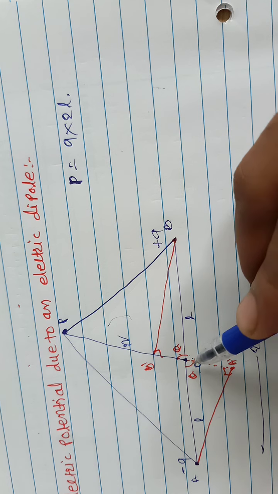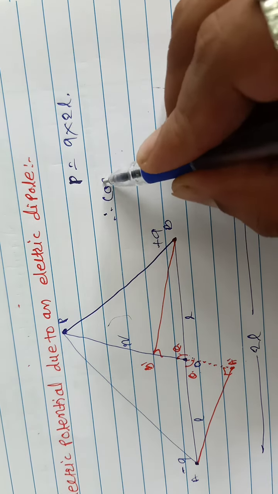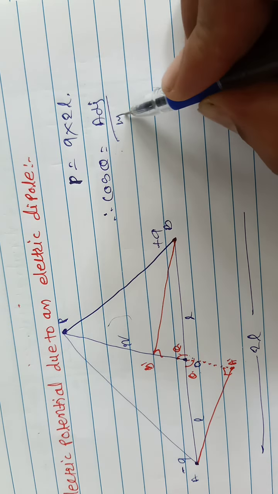Look at this term: A dash O is our adjacent side, so we get that value from cos theta. Cos theta is adjacent upon hypotenuse.